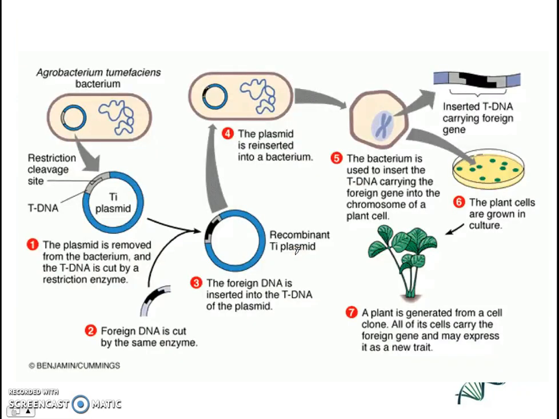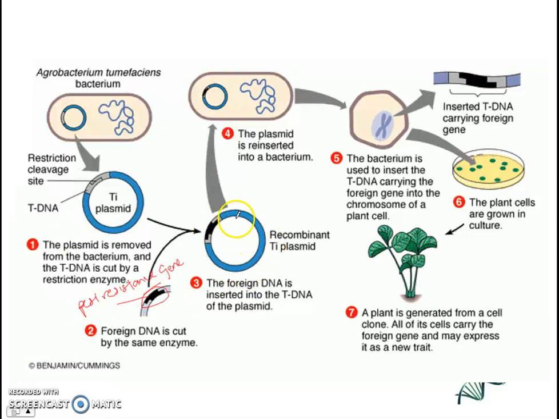So here's a very simple diagram. Okay, not so simple. Let me show you what we just talked about in a bit more detail. So just focus here. This black color part here, this represents the pest resistance gene. And so what we've done is that we've cut the pest resistance gene out using restriction enzymes, and we've inserted it into a plasmid.